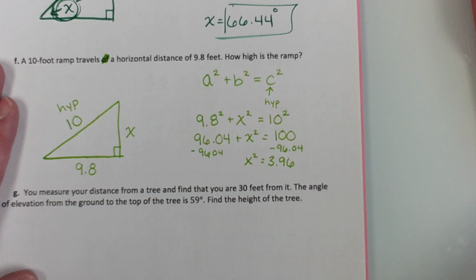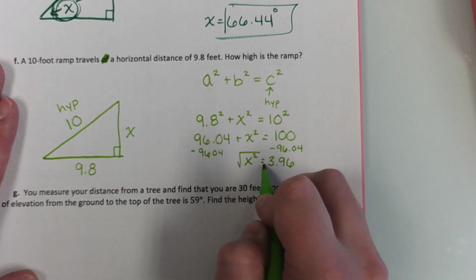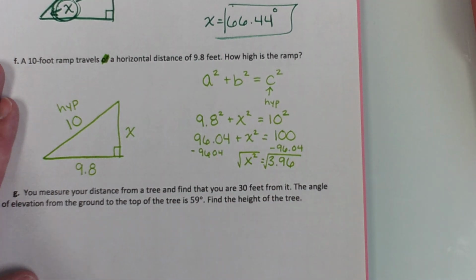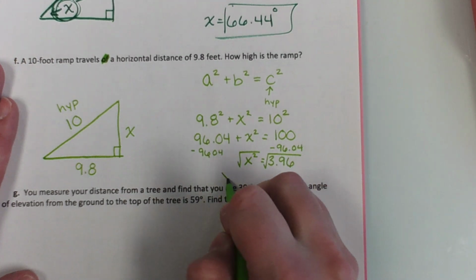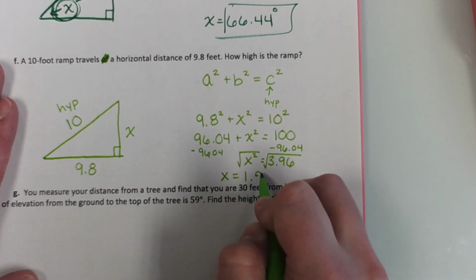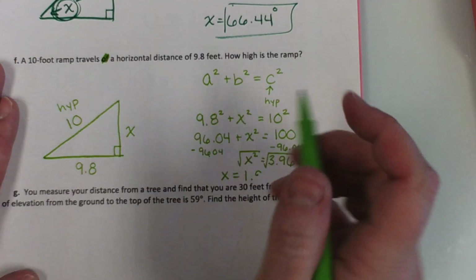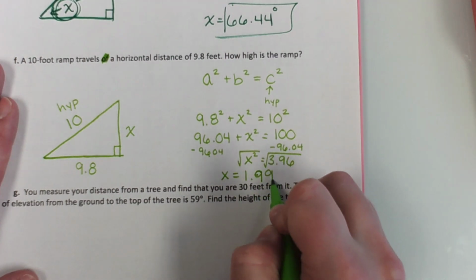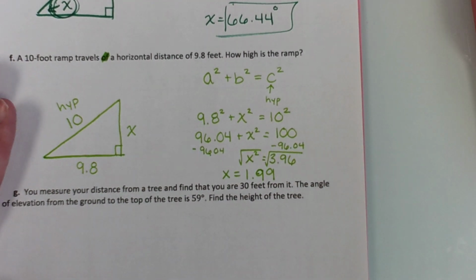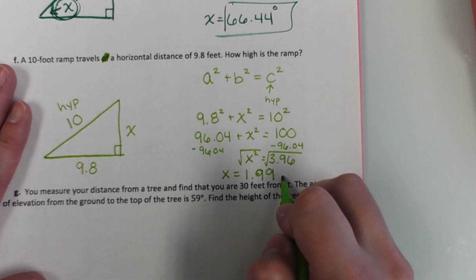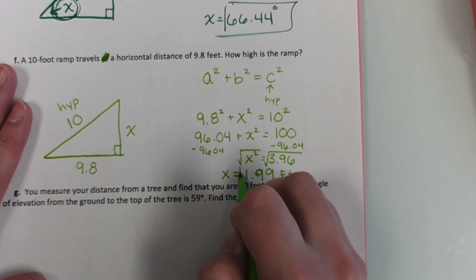To get rid of a squared, I take a square root. 1.99 units. Feet. It's the side length, and the side lengths here were measured in feet.